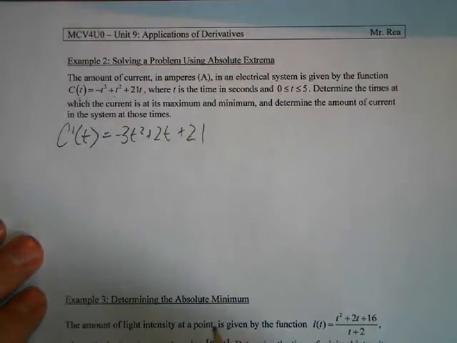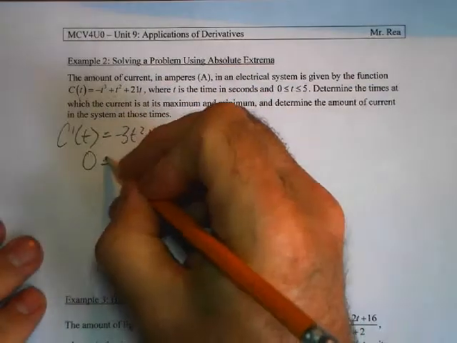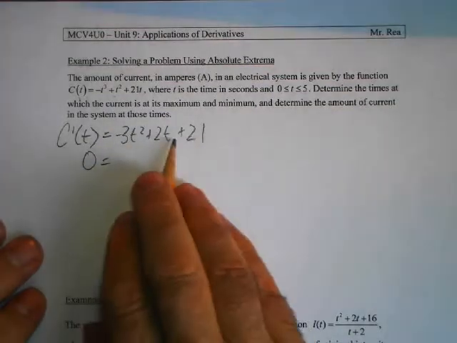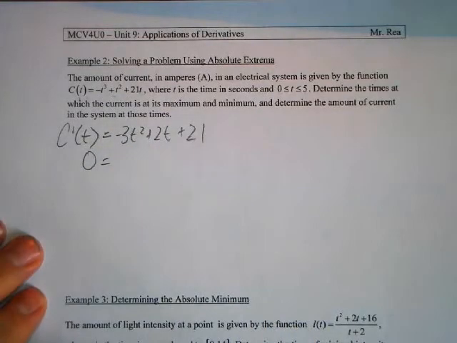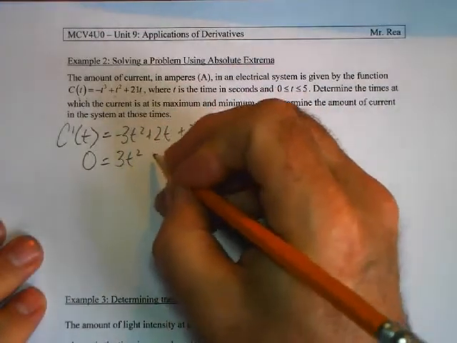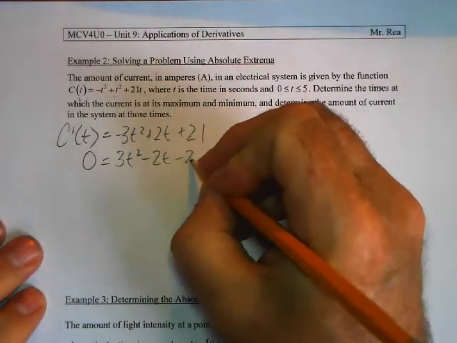Okay. Set that equal to 0 to find the critical points, which could be maxes and mins. Can't really factor the 3 out, so I could just change the sign here to make the factoring easier. I always like to do this.